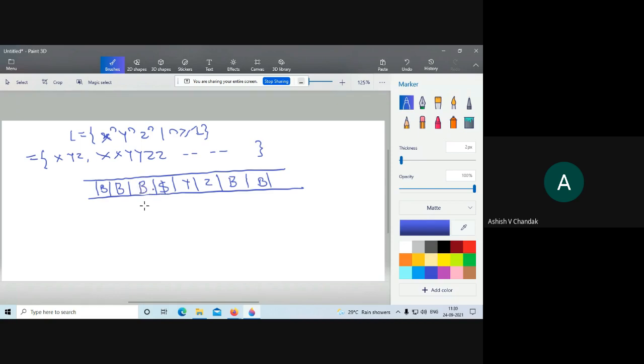Then find the first y, the first y is this one, and replace it by dollar. Then find the rightmost z and replace it by b. And you stop when you don't find any x. So this can be the logic.